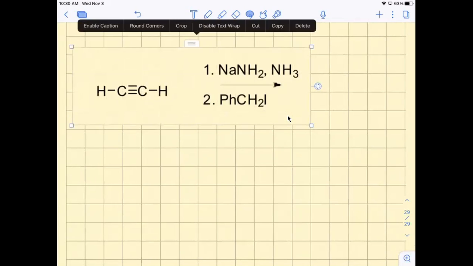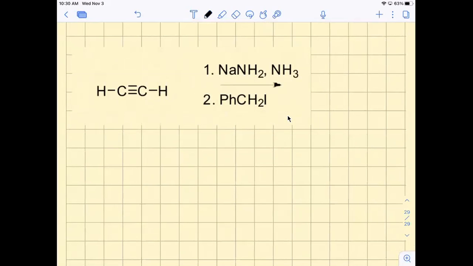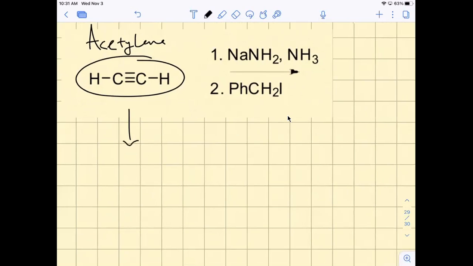Right, so with the acetylide, well, acetylene, which is this, that's another name for this particular alkyne, is acetylene. We could take that and react it with a base and actually deprotonate or do proton transfer with the base with this proton.